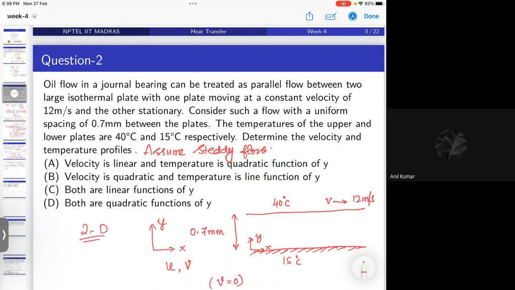Capital L is the distance between the plates. I already mentioned. Okay, okay.